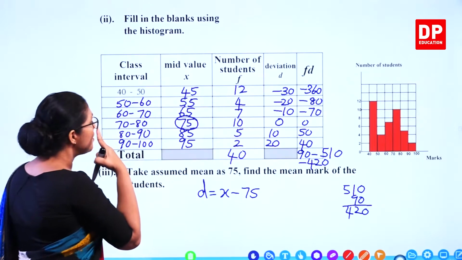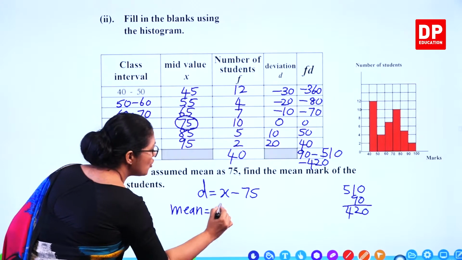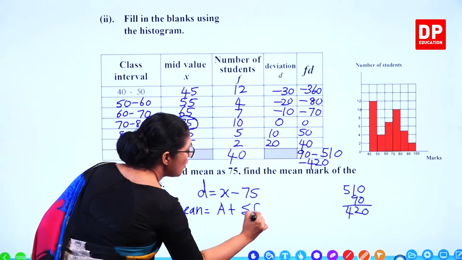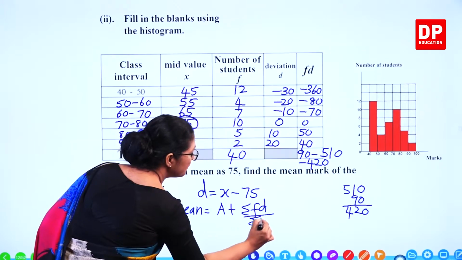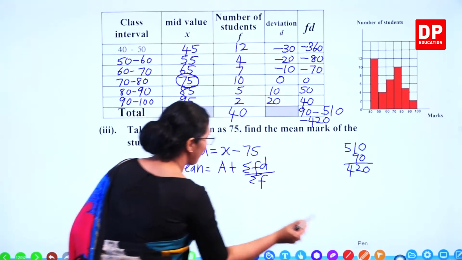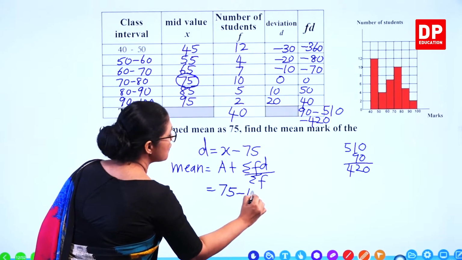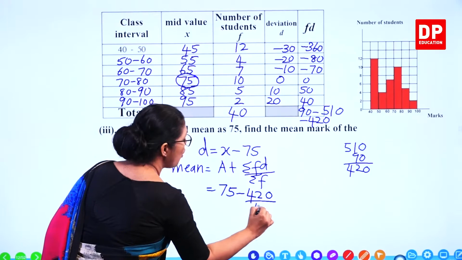Now we'll find out the mean value. Mean becomes assumed mean plus sigma FD over sigma F. Assumed mean is 75 minus 420 over 40.